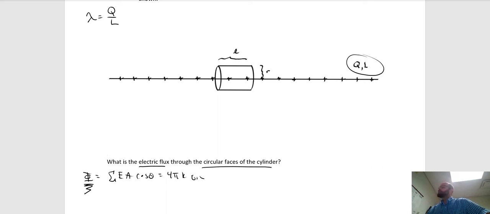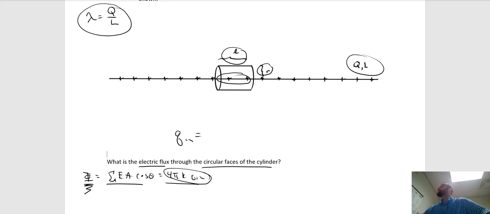This is probably a good place to answer that, because the charge inside the surface is this stuff right here. And the Gaussian surface has a radius r and a length L. You should be able to pretty easily, using your charge density and the geometry of the surface, come up with an expression for this stuff inside of it.